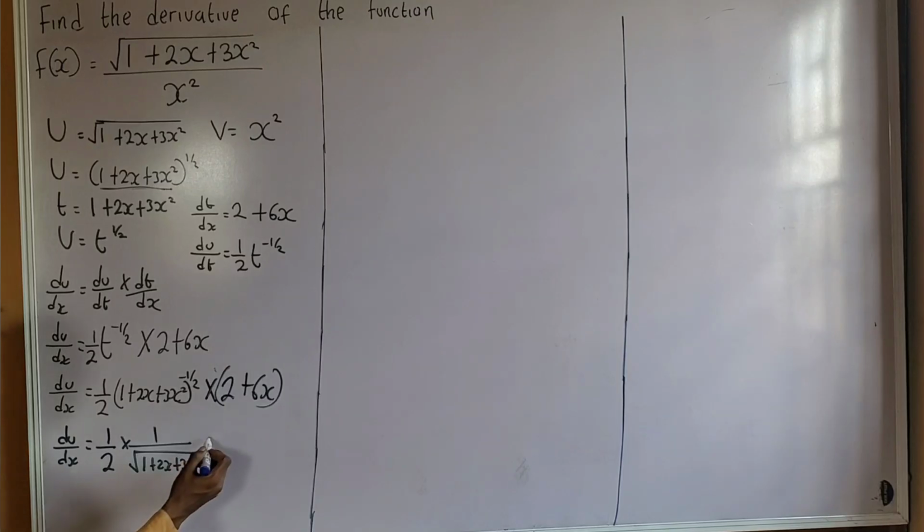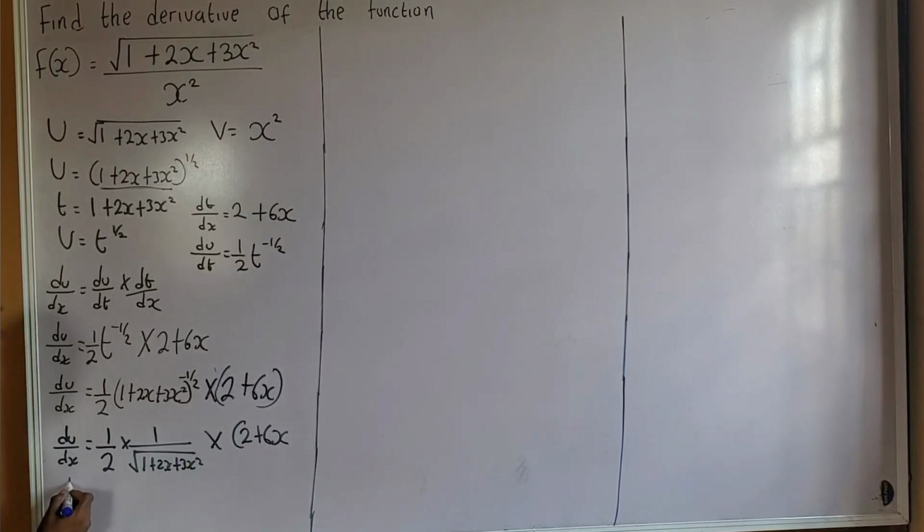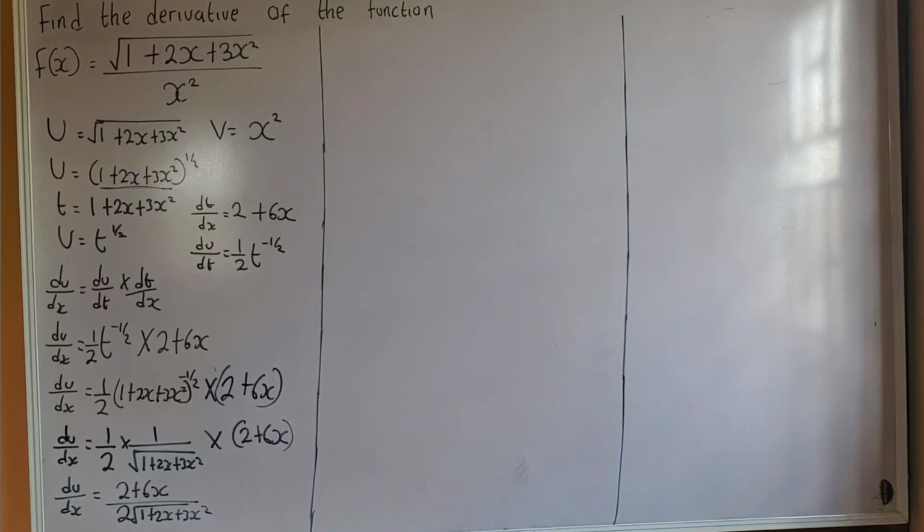Are you getting it? So all this is multiplied by 2 plus 6x, okay? So du over dx will be equal to 2 plus 6x all over 2 times the root of 1 plus 2x plus 3x squared. That will be the derivative of u with respect to x.